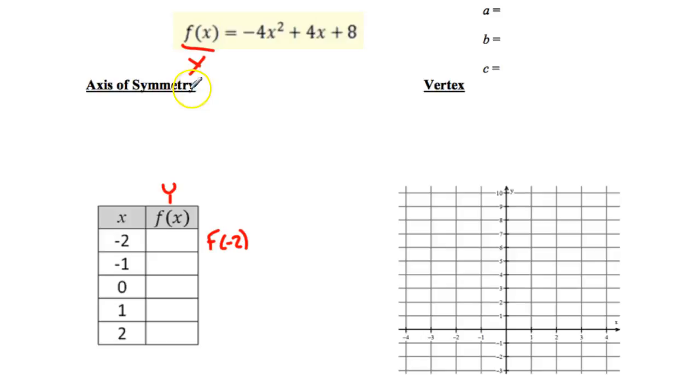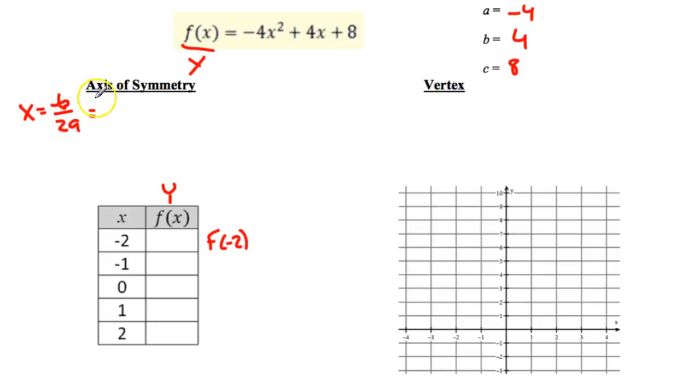So before we graph this one, I want to find the axis of symmetry and the vertex. I look at this equation and I want to fill out my a, b, and c. So a is -4, b is 4, and c is 8. All right. So the axis of symmetry, if you remember, the formula is x equals -b over 2a.